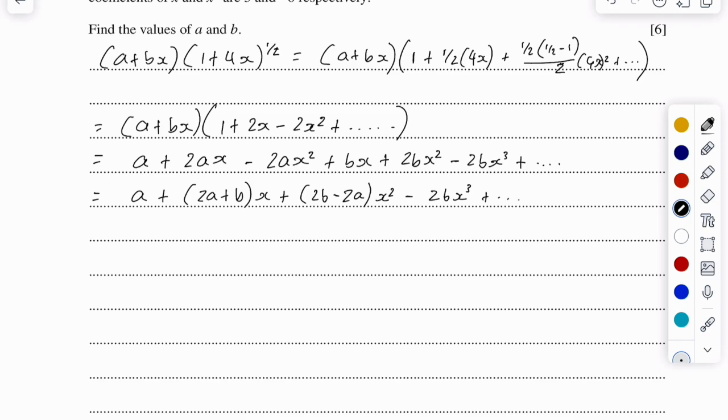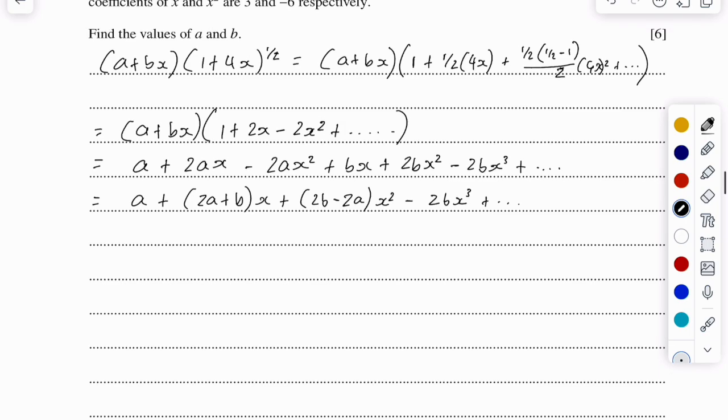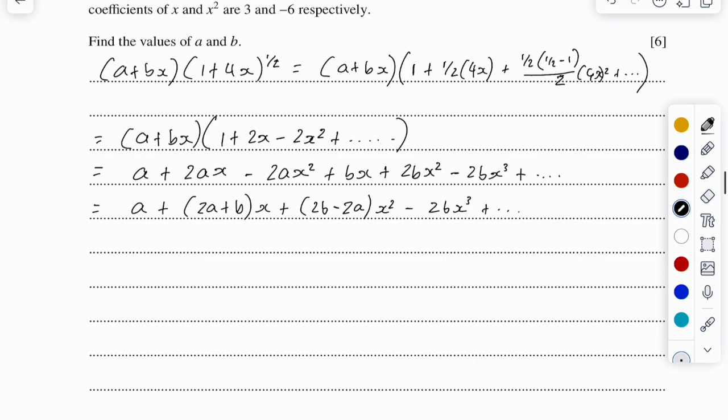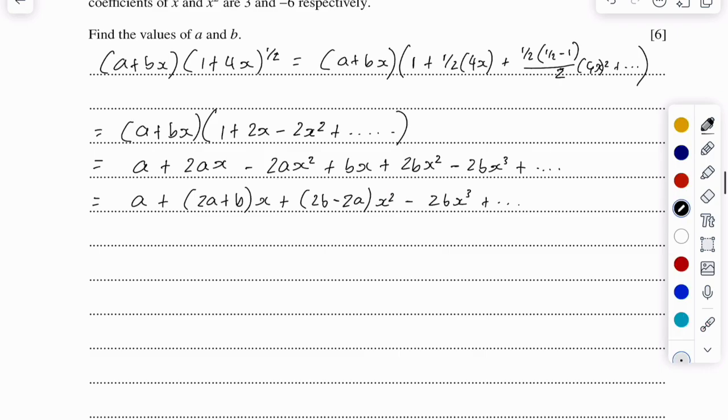So we know that the coefficient of x is 3 and the coefficient of x squared is negative 6. Therefore I can say 2a plus b is going to equal 3, and 2b minus 2a is equal to minus 6, because of our x squared.